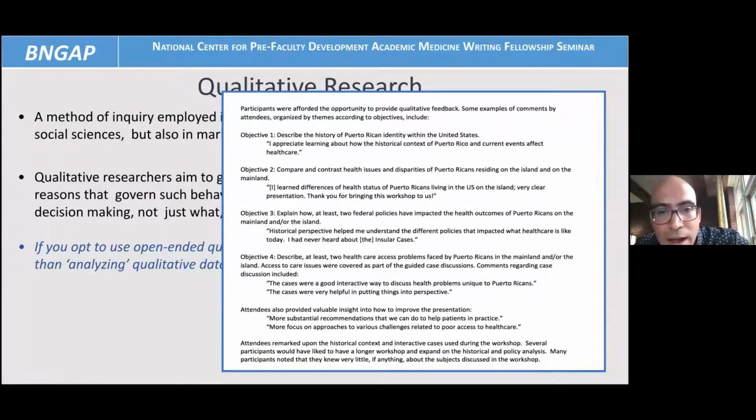We could see here how some of the qualitative data gained from the survey used was simply placed under each objective just to show the relation to the objective.